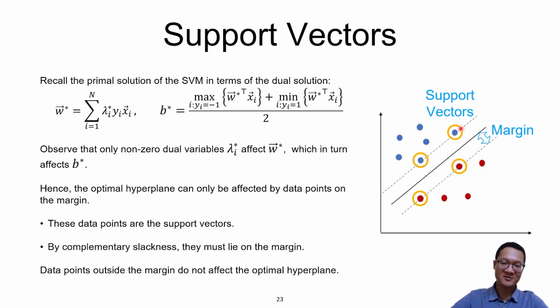These data points, which are on the margin, i.e. they have non-zero lambda, are called support vectors. And by complementary slackness, they must lie on the margin. So support vectors must lie on the margin. Data points outside of the margin are not support vectors. They do not affect the margin or the hyperplane.